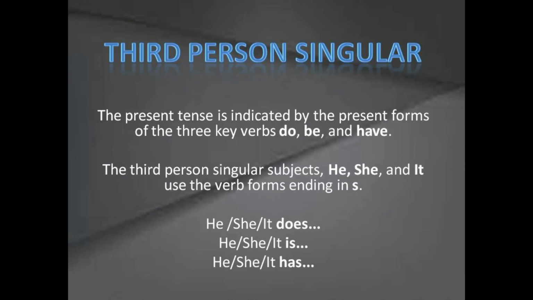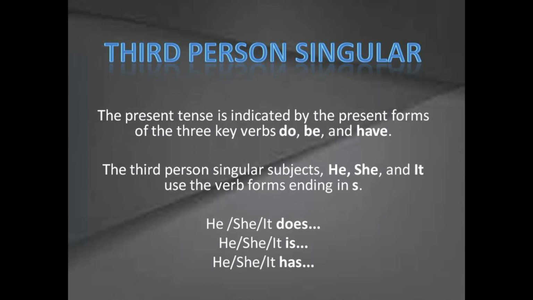Present tense has a third person singular form using the present forms. The present tense is indicated by the present forms of the three key verbs, do, be, and have. The third person singular subjects are he for the boy, she for the girl, it for things or objects. They use the verb form ending in s.